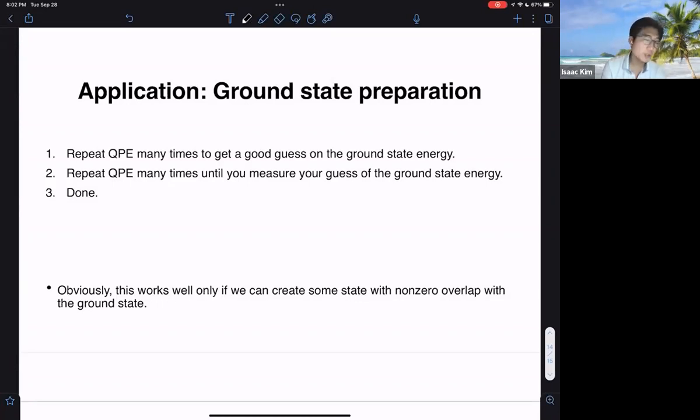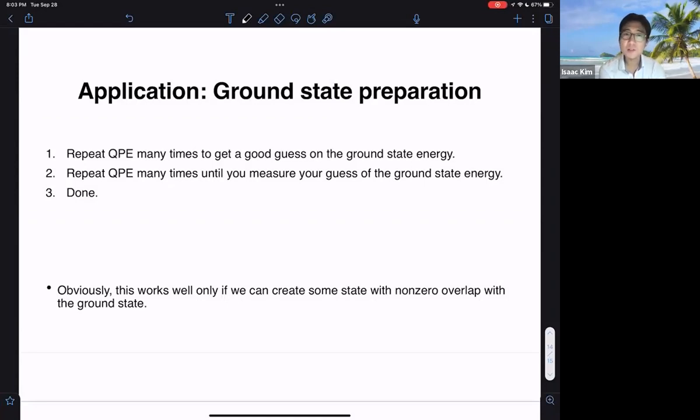Actually, a better example would be an overlap with the ground state of 50%. That doesn't sound great, because then you'll be in a superposition with the excited states, and those excited states may be very high energy. This is a possibility.